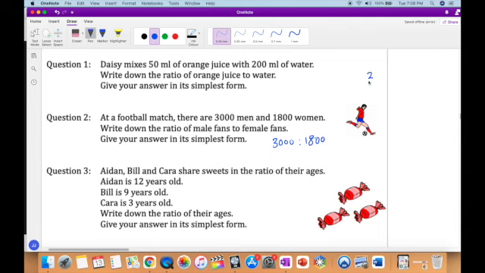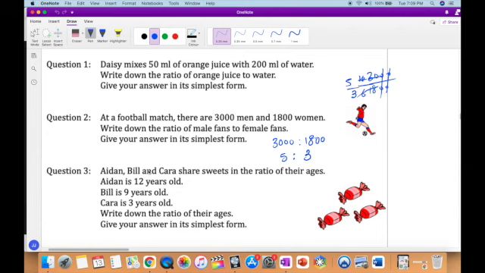So therefore, that is 3,000 over 1,800. 6 threes are 18, and 10 threes are 30. And then I could go 2 threes are 6, 5 twos are 10. So in its simplest form it's a ratio of 5 to 3.